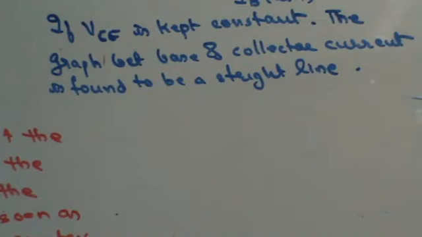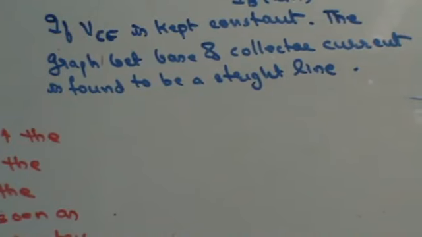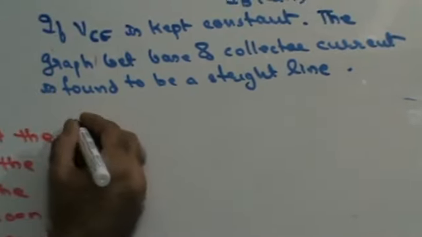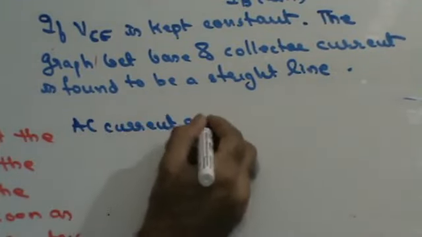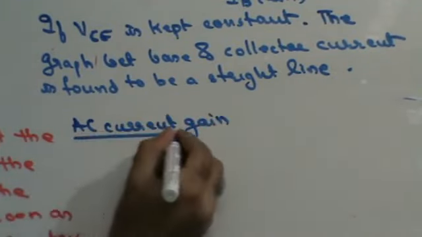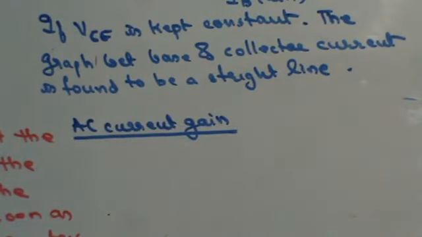Now, if the output current varies linearly with the input current, in that case, what will be my AC current gain? Now, what is AC current gain? AC current gain is defined as the change in the output current to the change in the input current, keeping the collector voltage constant, right?